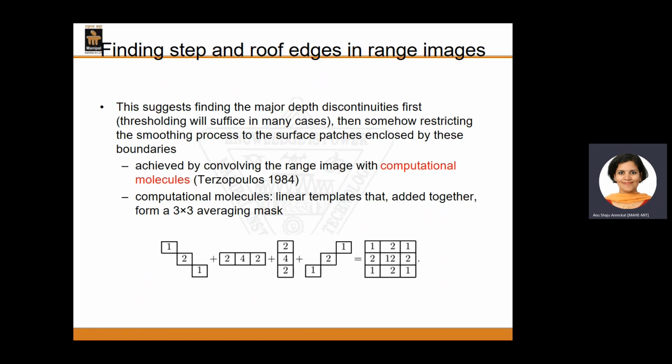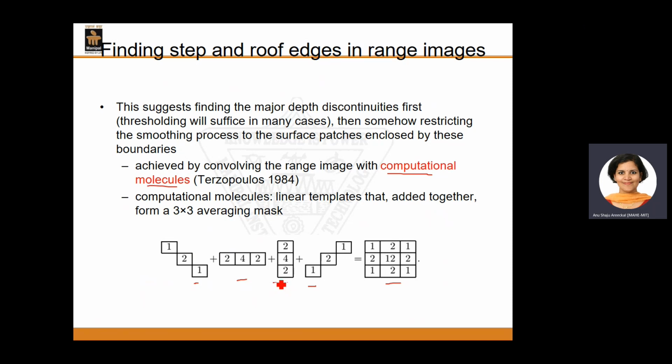In order to achieve that concept, you can apply a method called computational molecules. These are the computational molecules present here, which are basically some linear kernels. These are combined together to form the convolution mask, and then that is used for convolving the different images.